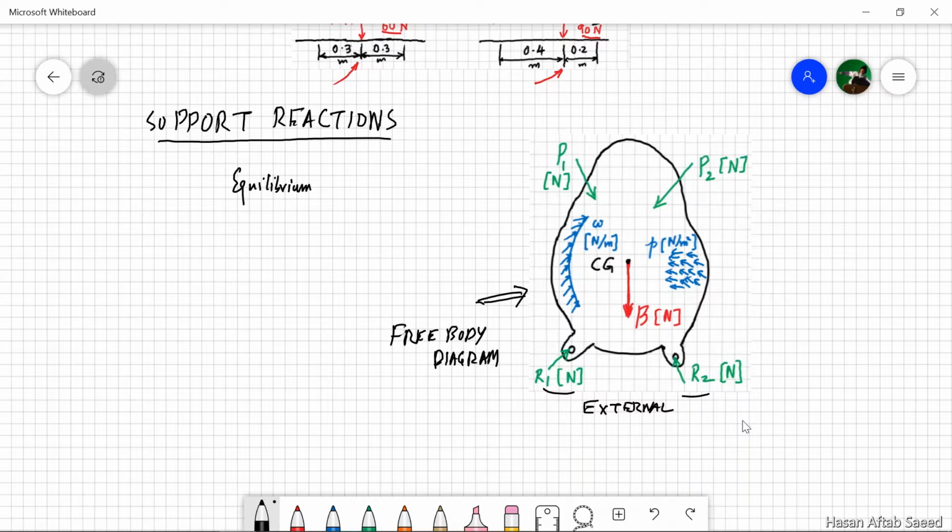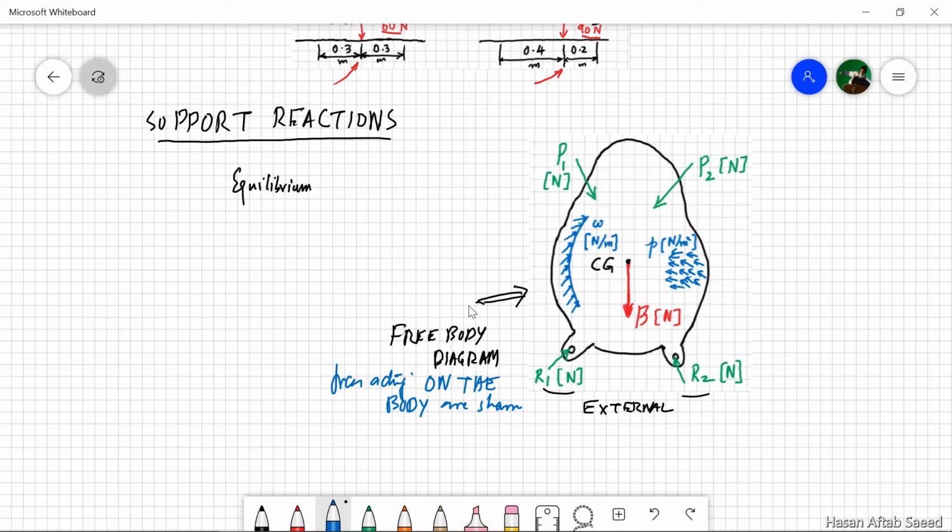Recall that in the free body diagram, only forces acting on the body are shown. That is, the forces applied by the body to the supports are not shown.